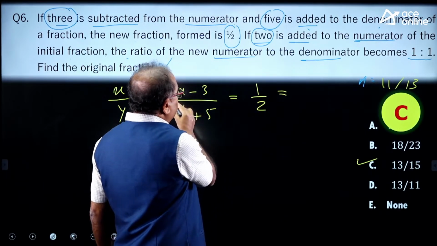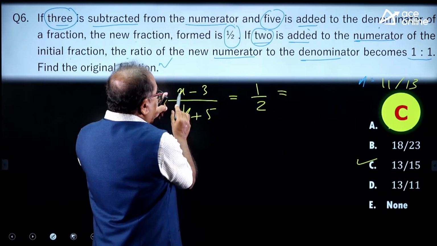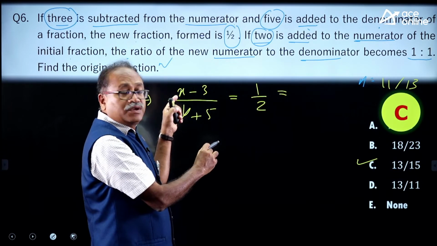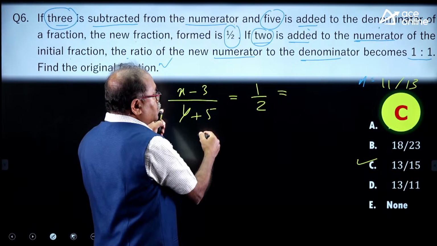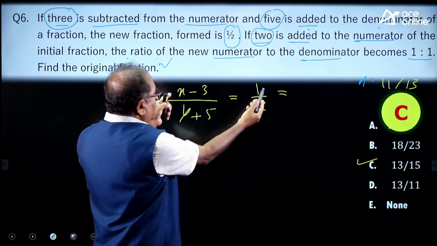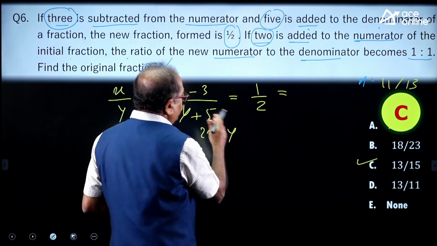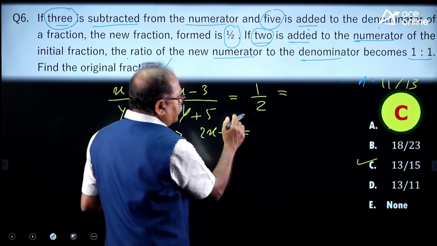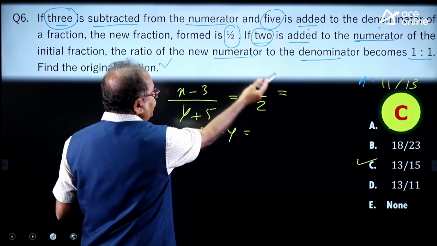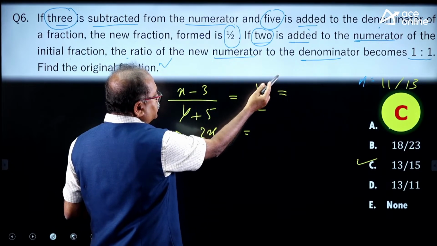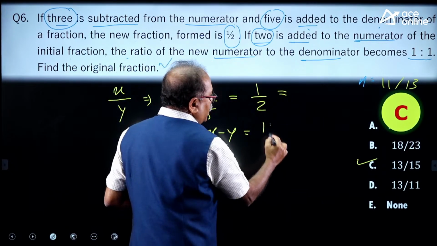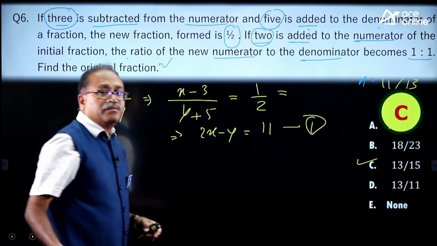So I get 2x minus 6 equals y plus 5, so 2x minus y equals 11. That is the first equation.